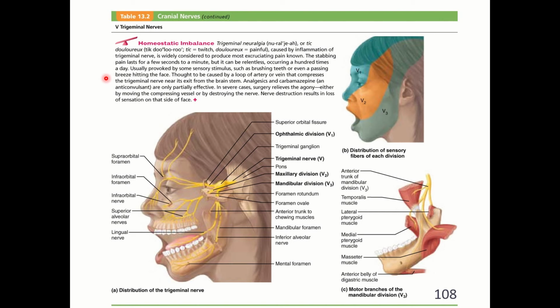Thought to be caused by a loop of artery or vein that compresses the trigeminal nerve near its exit from the brainstem. Analgesics and anticonvulsants are only partially effective. In severe cases, surgery relieves the agony, either by moving the compressing vessel or by destroying the nerve. Nerve destruction results in the loss of sensation on that side of the face.